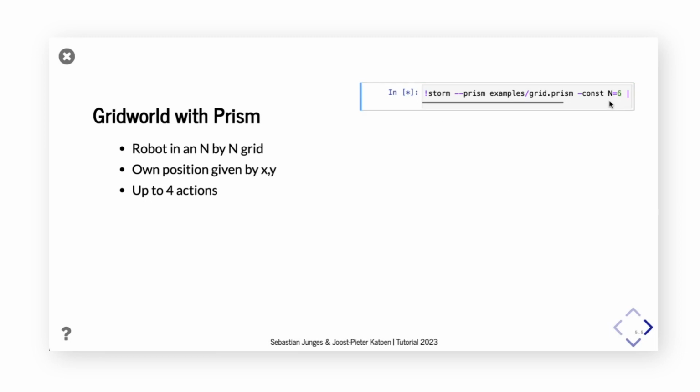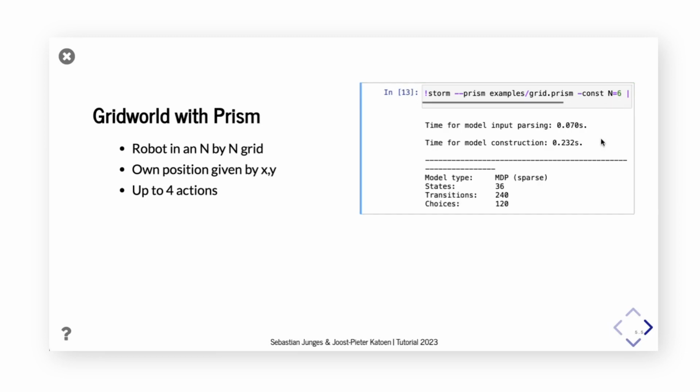If I run this, then on the back end, almost instantly, but not completely instantly, we've translated this into an explicit matrix that is storing all the transitions. So there's 36 states and a different number of choices and transitions there.